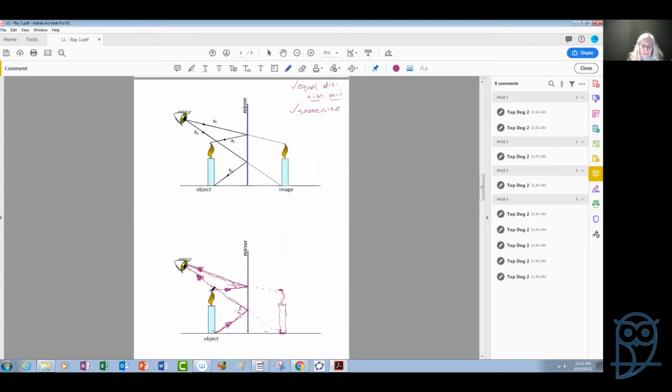As long as we have a ray that comes from the top of the object and a ray that comes from the bottom of the object, that's enough to show why we see the bottom and the top of the candle of the object in the mirror as an image. And of course, any other ray from the middle of the object would follow the same story.